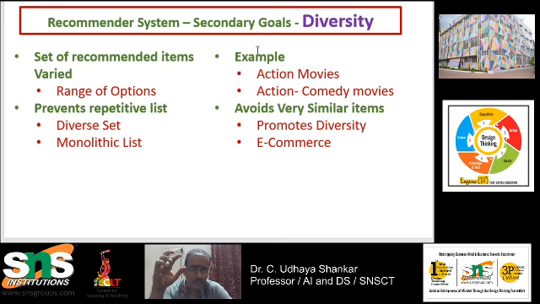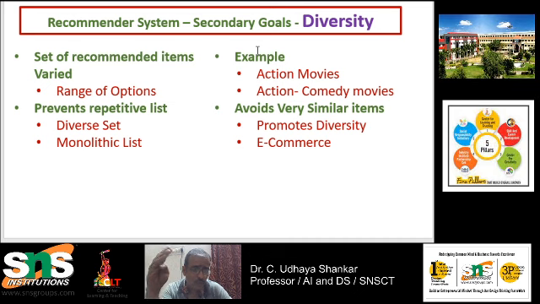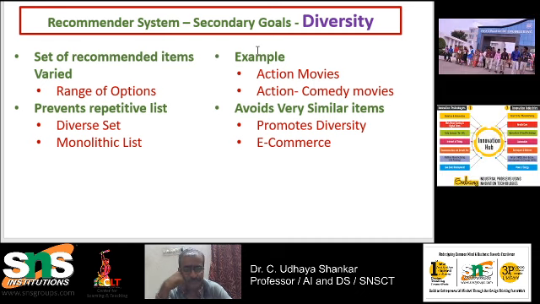So we have come to the end of the secondary goals. This is the fourth goal, diversity. This word, diversity, everybody would have come across in our life. What do we mean by diversity?